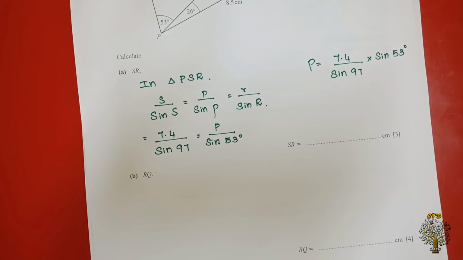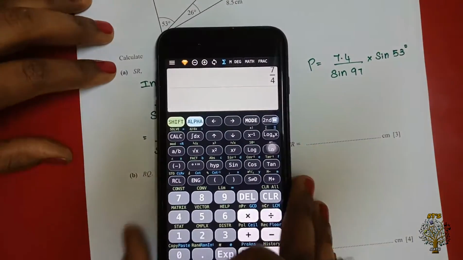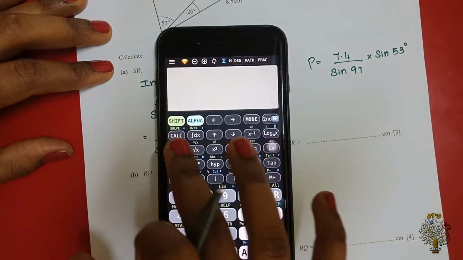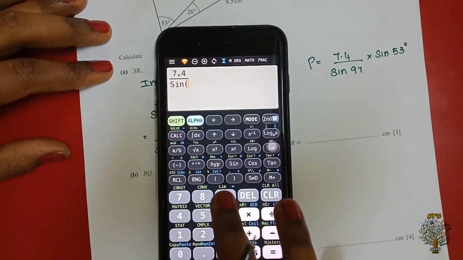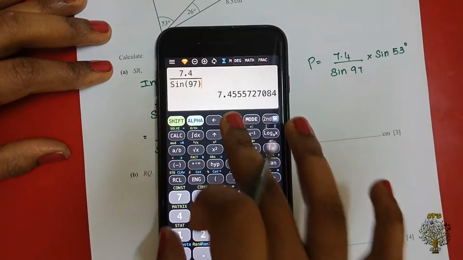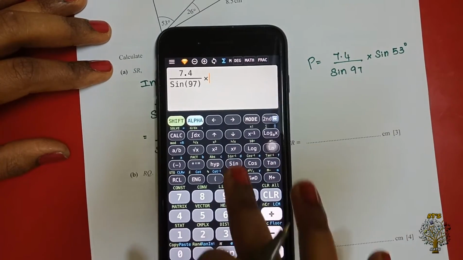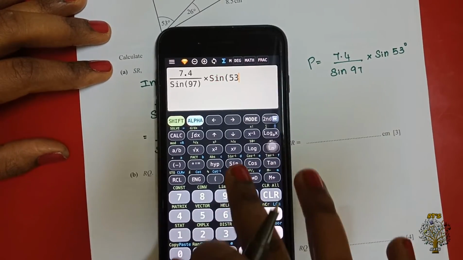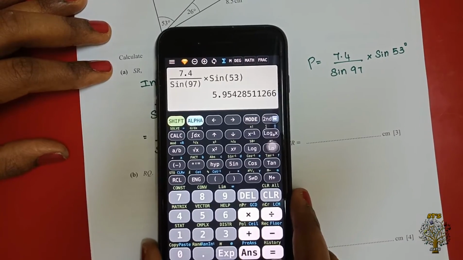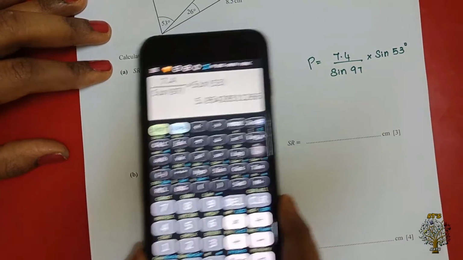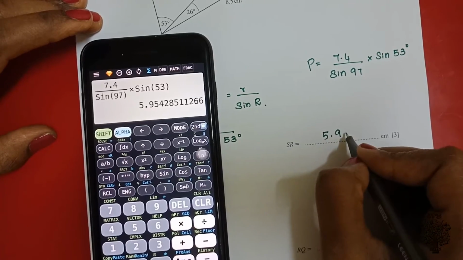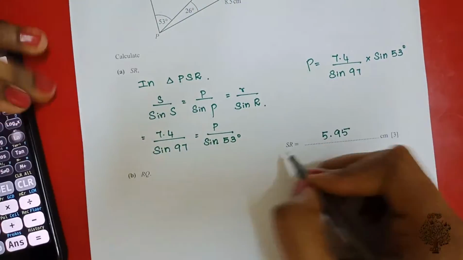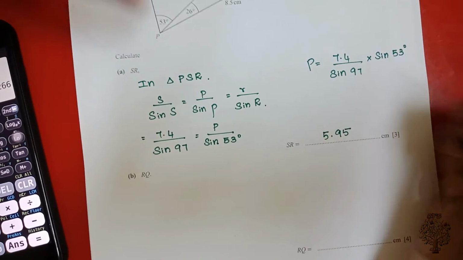You can take your calculator again. 7.4 divided by sine of 97 degrees, close the bracket, and that multiplied with sine of 53 degrees gives us 5.95, which is nothing but SR. The side p is SR.